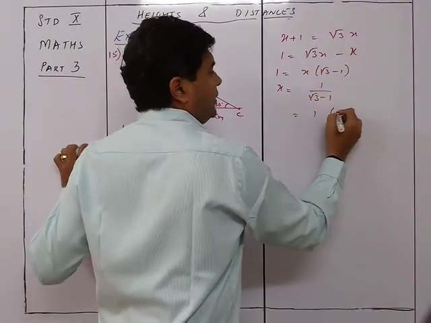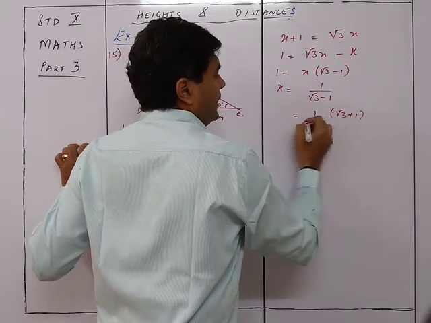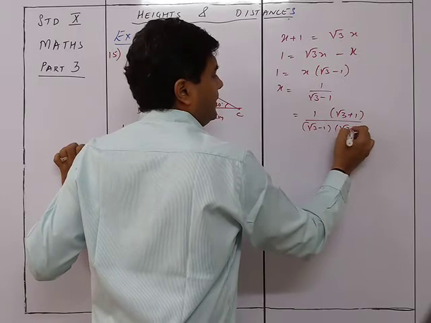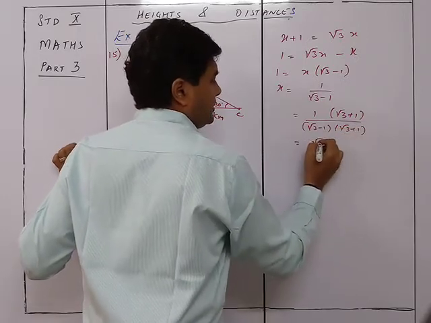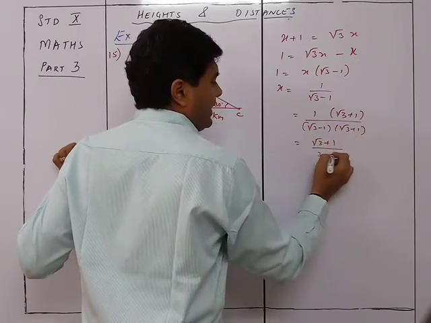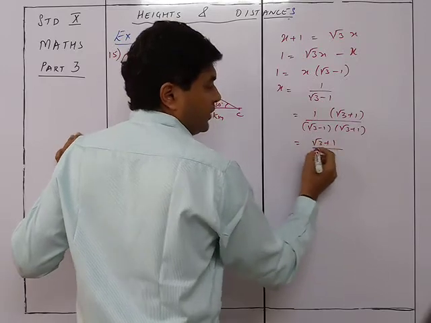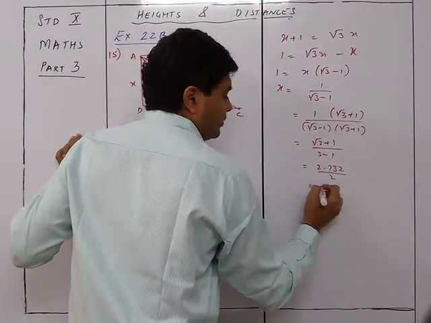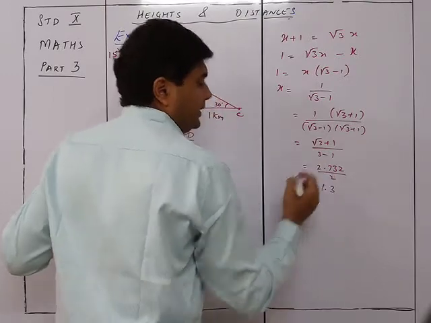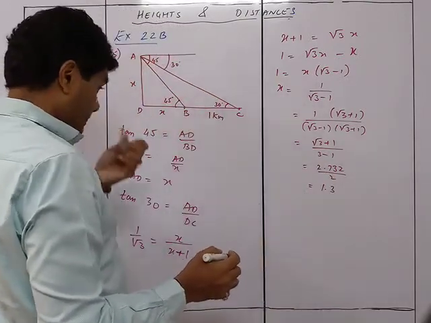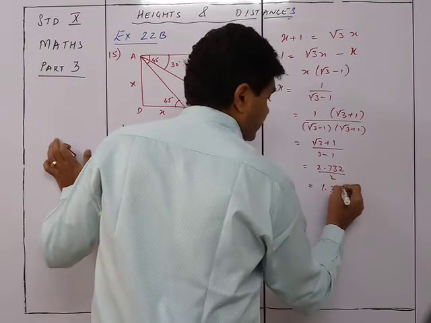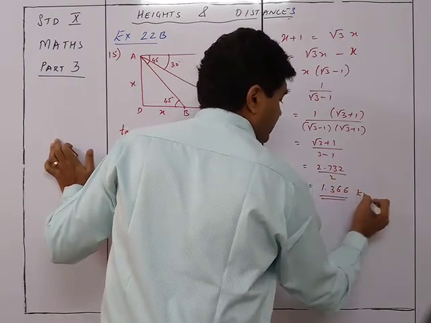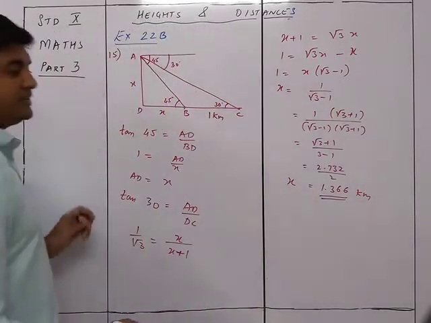That will be 1 into root 3 plus 1 upon root 3 minus 1 into root 3 plus 1, which is root 3 plus 1 upon 3 minus 1. This is 1.732 plus 1, which is 2.732 upon 2, that will be 1.366 kilometers. So x is equal to 1.366 kilometers.